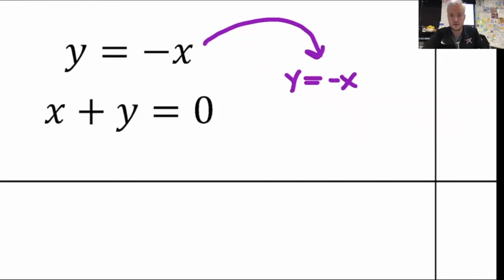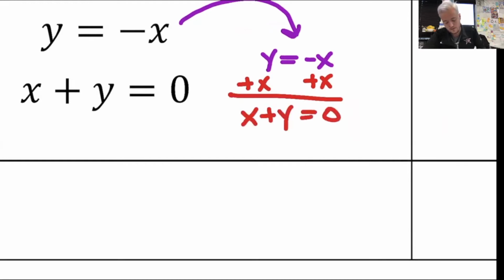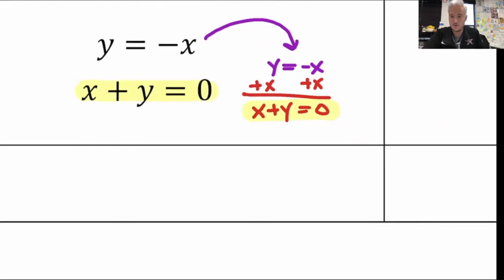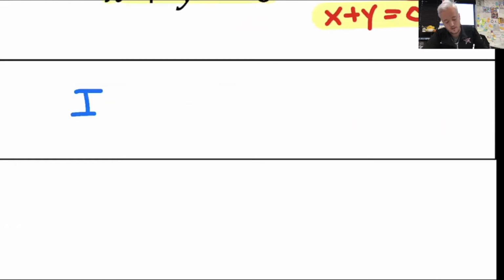So I have y equals negative x. I'm going to add x on both sides. So when I do that, I'm going to have x plus y equals 0. So if you notice, when I converted, both of these equations are the exact same thing, which means they're going to have the same slope and the same y-intercept, which means this is going to be IMS, infinitely many solutions.